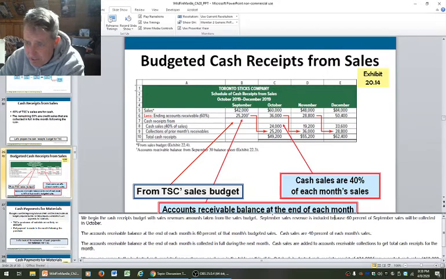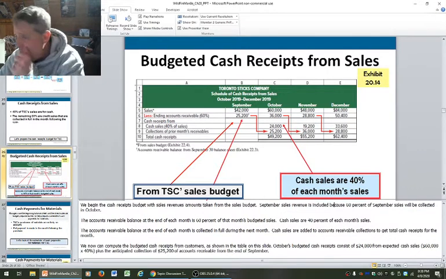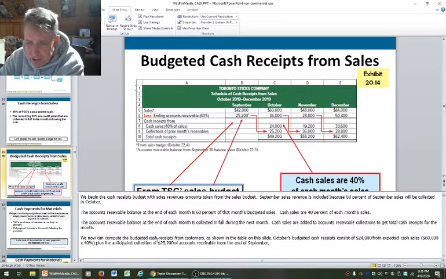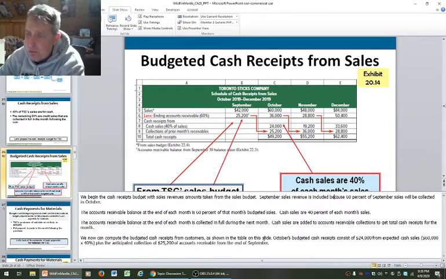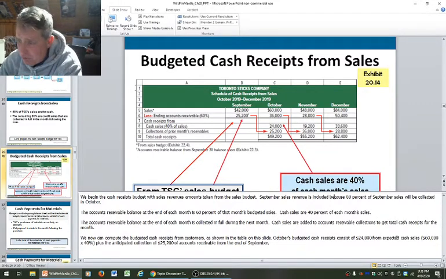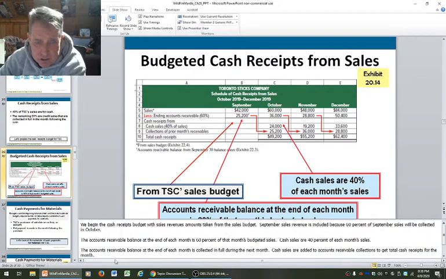Cash sales are added to the accounts receivable collections to get total cash receipts for the month. So we can now compute the budgeted cash receipts for customers as shown in the table on the slides. October's budgeted cash receipts of 24 grand come from sales of 60,000 times 40%. So there are all the calculations that go into that question.